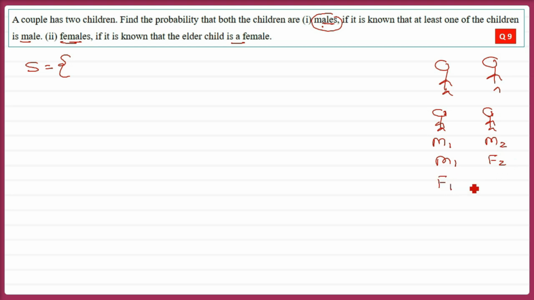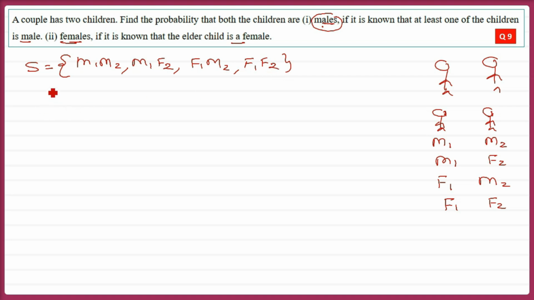The first one can be female, the other one can be male. Both kids can be female. So if you have two different things, the possibilities can be 2 by 2, that is 4. That's what I'm writing: M1 M2, M1 F2, F1 M2, F1 F2, that is male-male, male-female, female-male, and female-female. So this is the bigger set or the whole possible set.